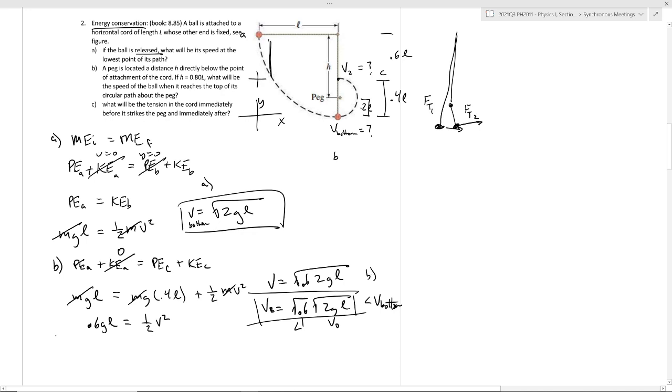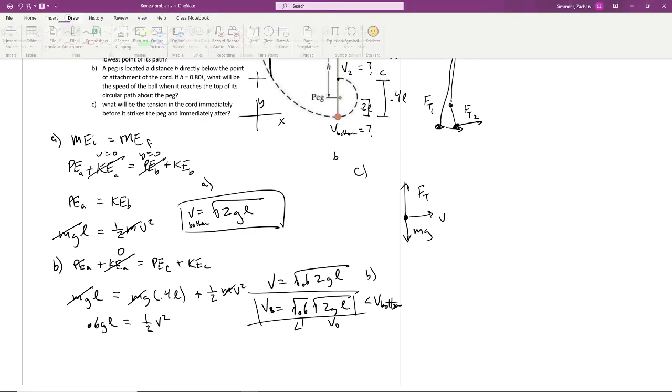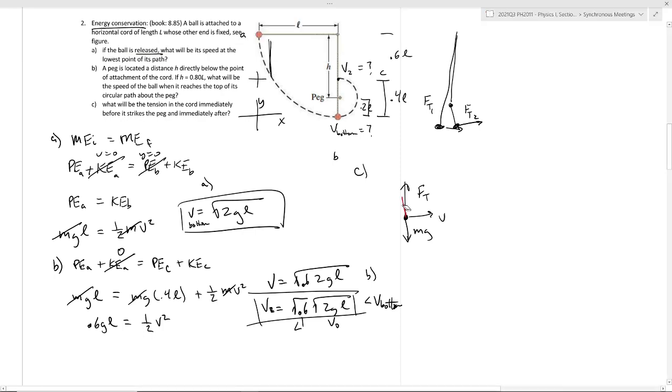And then the last part of the question is asking us about the tension. And so this connects back to what we have done with forces. So consider at the bottom, you have the weight pulling down and the tension pulling up. And then notice, since this thing is going sideways, it's going to have a velocity, and it's also going to have a centripetal acceleration by virtue of the fact that it is going in a circle.